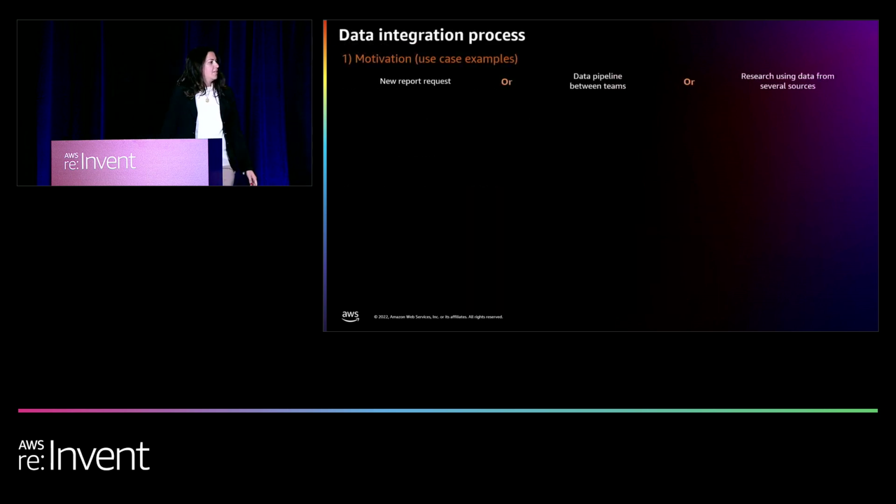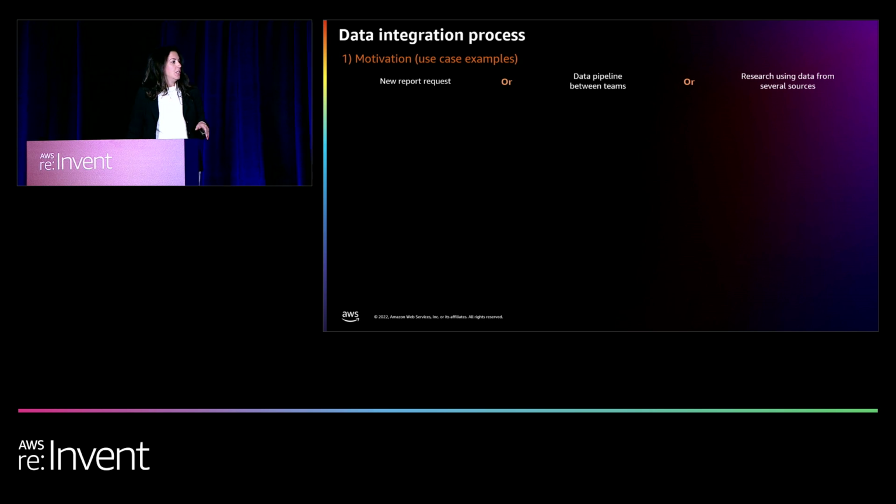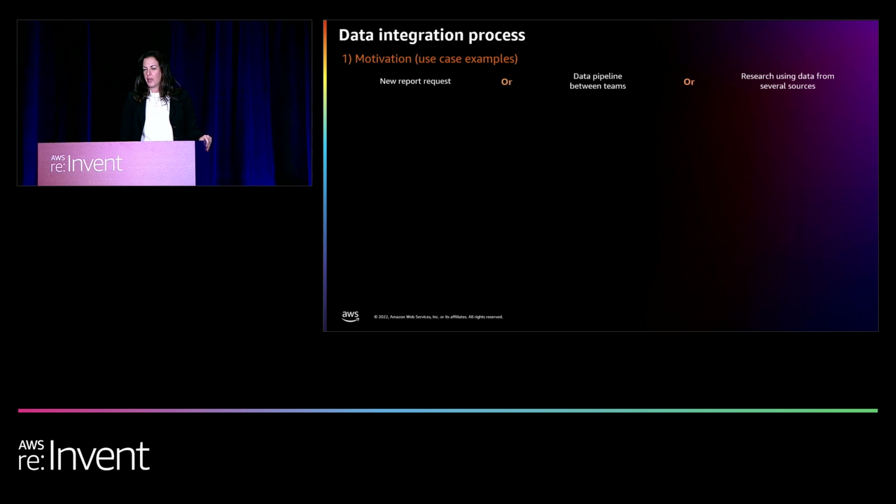In general, data integration usually starts when somebody is asking for a new report or a new dashboard. There is a question that nobody can answer with the existing data. It might be a team that needs to share data that's coming from a different team, or a data scientist who wants to combine multiple data sources together and requires some help or effort to do that.